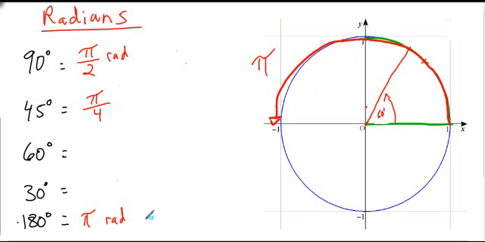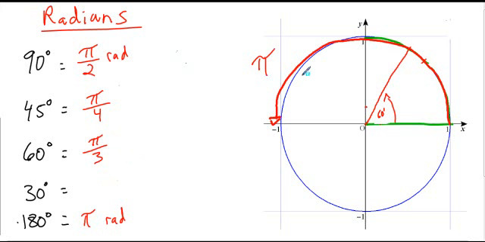So 60 degrees is equivalent to pi, the 180 degrees, divided by 3, because it's 1/3 of the distance.